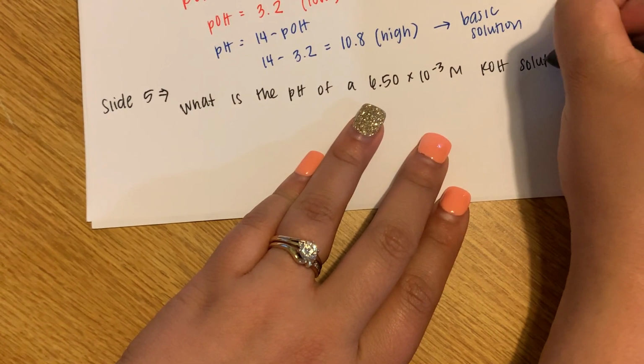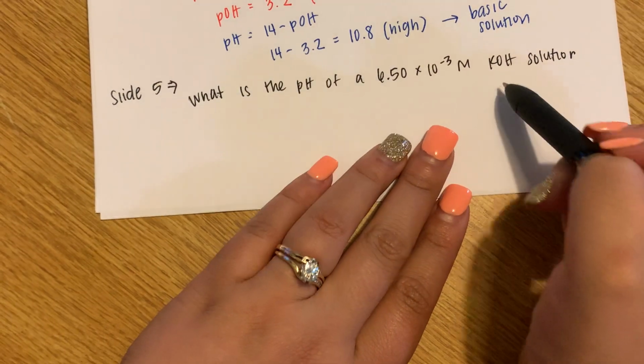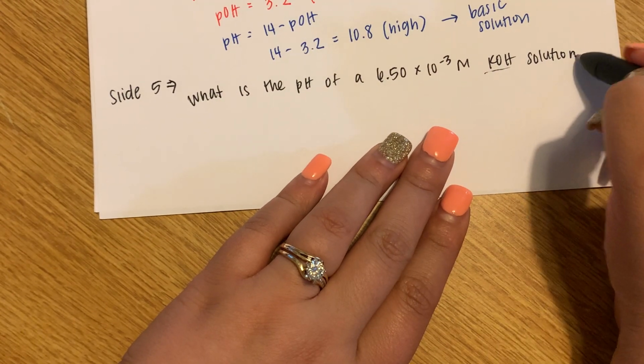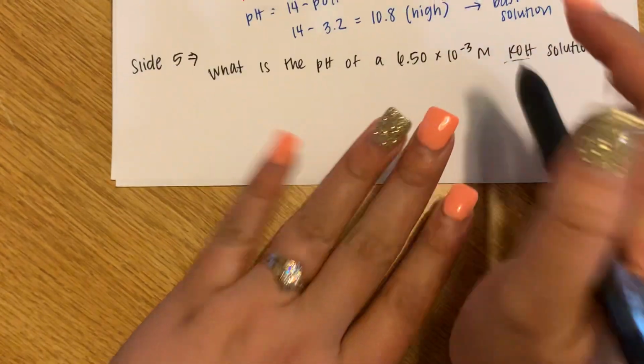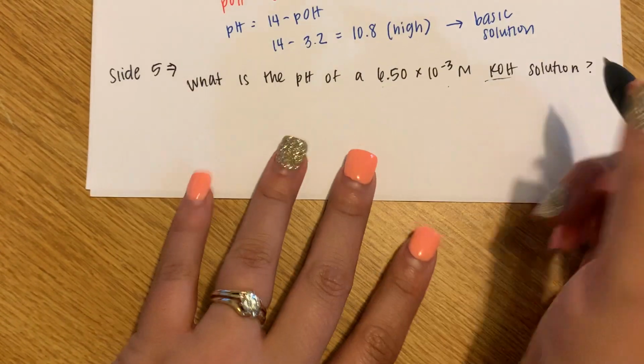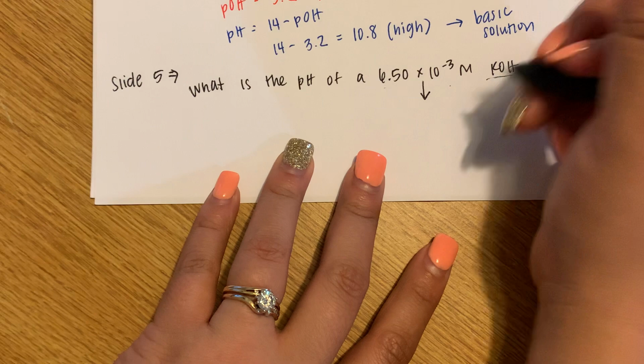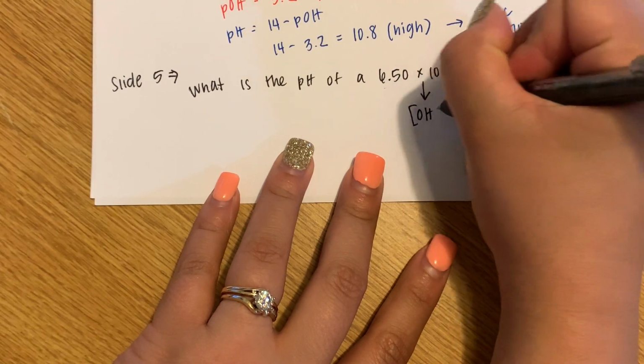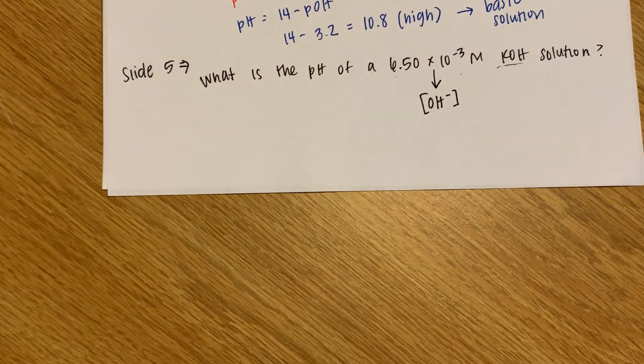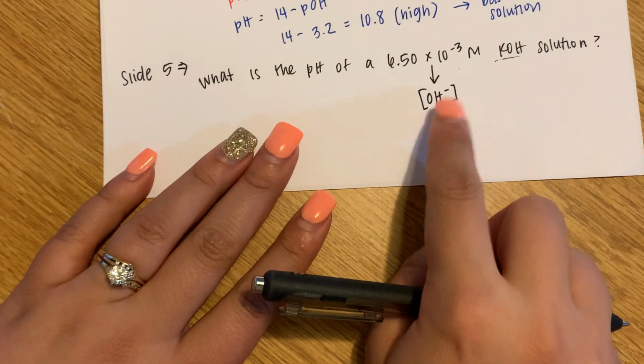My hint says, notice because of the OH, this is a basic solution, which means that this concentration is actually OH. Okay, so I am given the hydroxide ion concentration.